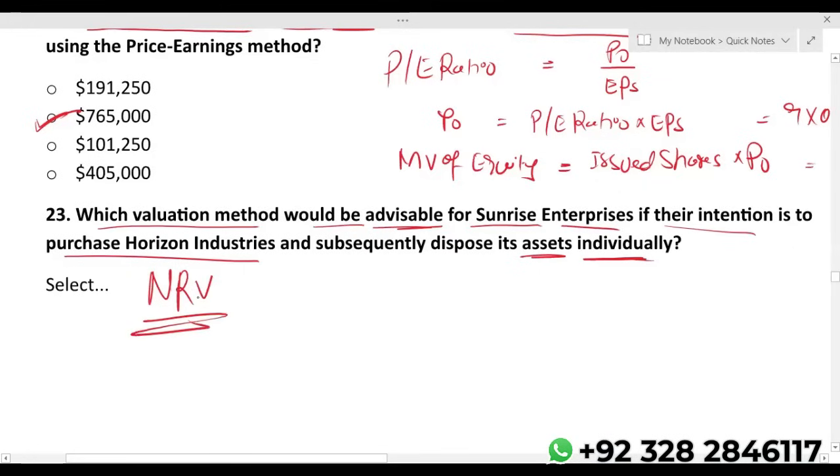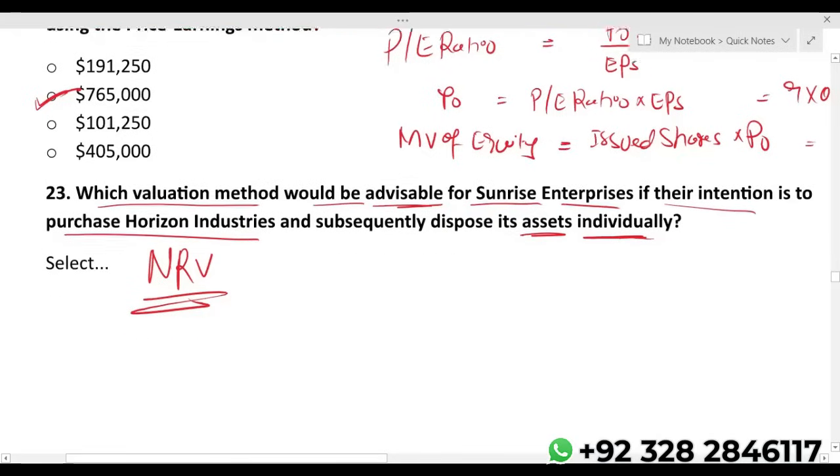Because this method will exactly tell you the value of each asset. Read it again. Which valuation method would be advisable for Sunrise Enterprise if their intention is to purchase Horizon Industries and subsequently dispose of its assets individually? NRV.